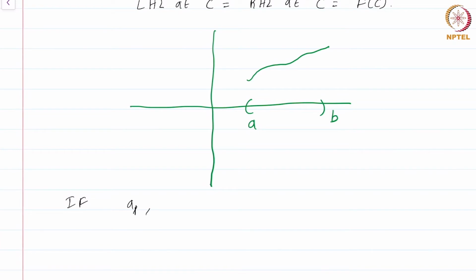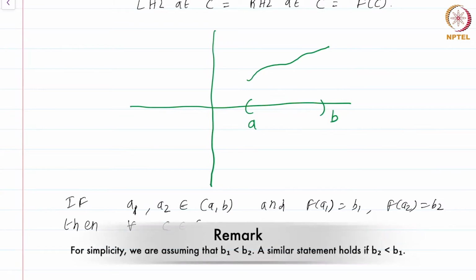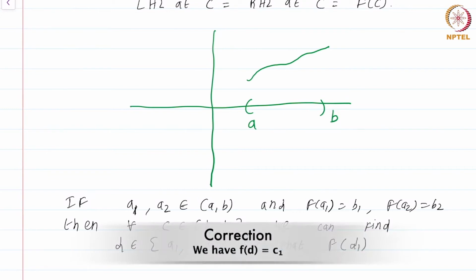If a1 and a2 are in (a, b) and f of a1 is b1, f of a2 is b2, then for all c that lies in between b1 and b2, we can find d in (a1, a2) such that f of d is equal to c.